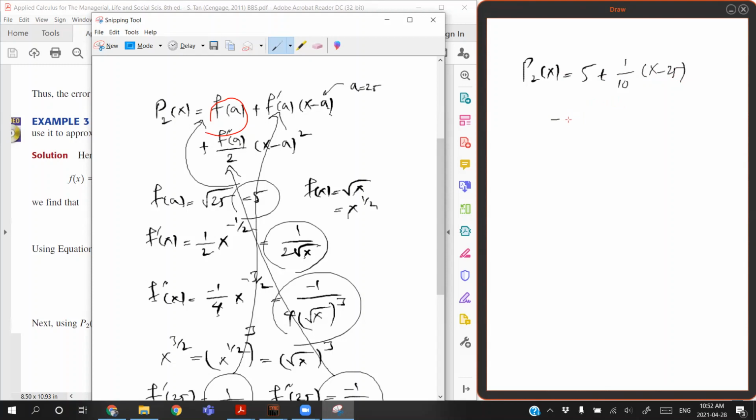And then I have minus 1 over 500 times 1 over 2, because there is the over 2 here, times x minus 25 to the power of 2. And if I simplify that, I get 5 plus 1 over 10 times x minus 25 minus 1 over 1000 times x minus 25 to the power of 2.